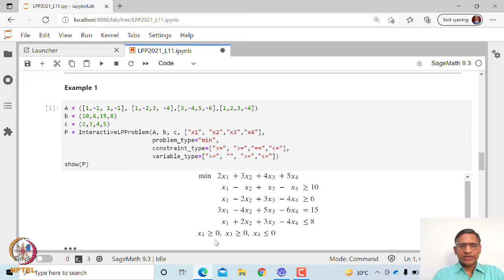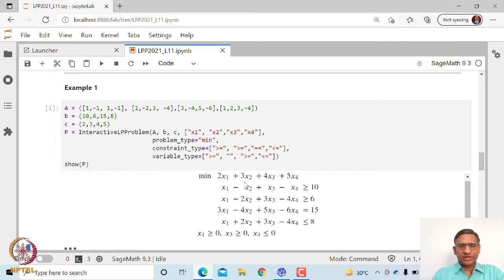And you have x1 greater than equal to 0, x2 unrestricted, x2 can take any real value, x3 greater than equal to 0, and x4 less than equal to 0. So this problem involves all sorts of design variables, negative, non-negative, and also unrestricted. And also the inequalities are greater than equal to, less than equal to, and equality. So again it involves all possible types of inequality.